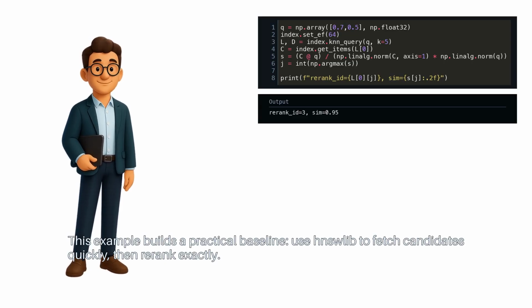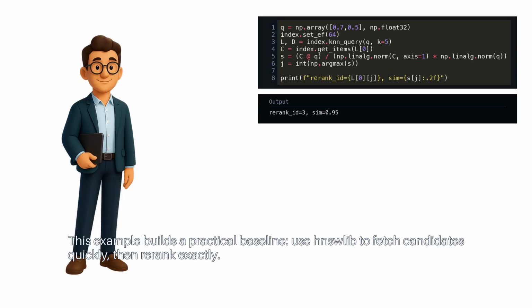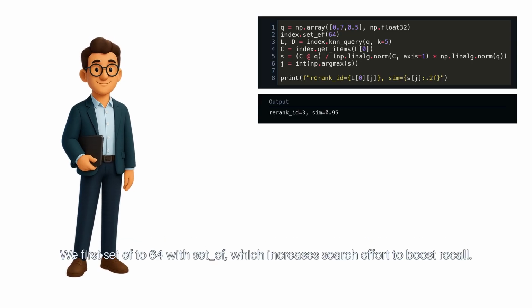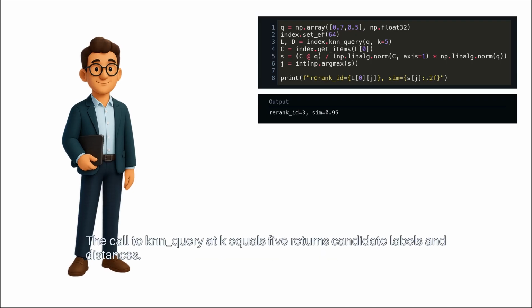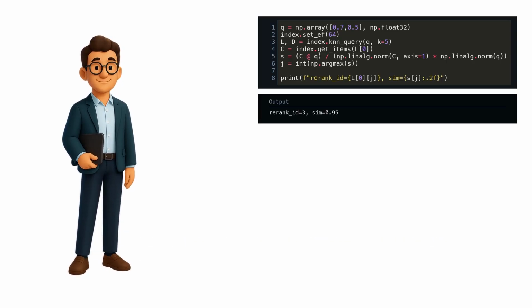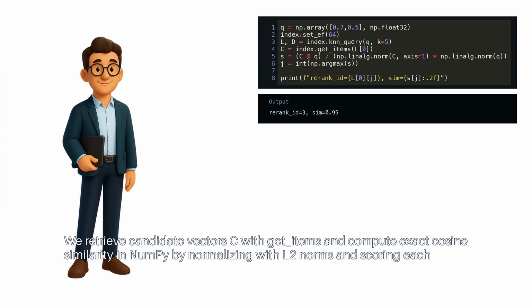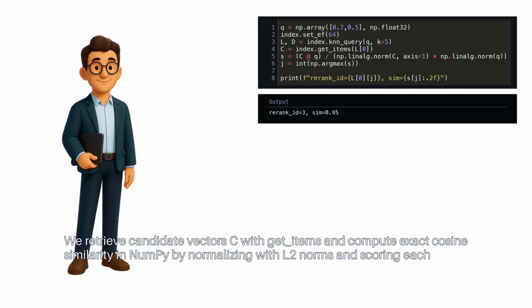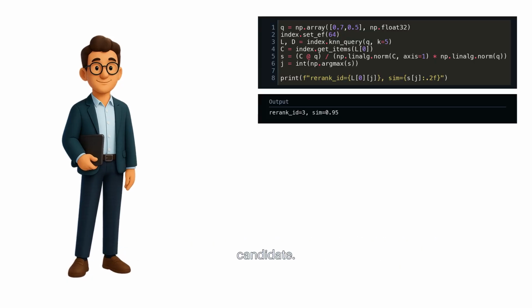Use hnswlib to fetch candidates quickly. Then re-rank exactly. We first set ef to 64 with set_ef, which increases search effort to boost recall. The call to knn_query at k equals 5 returns candidate labels and distances. We retrieve candidate vector C with get_items and compute exact cosine similarity in NumPy by normalizing with L2 norms and scoring each candidate.